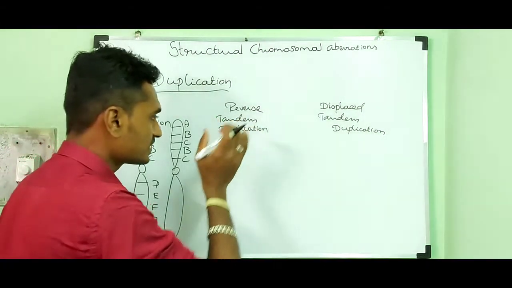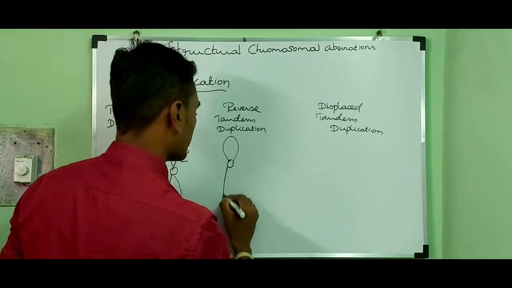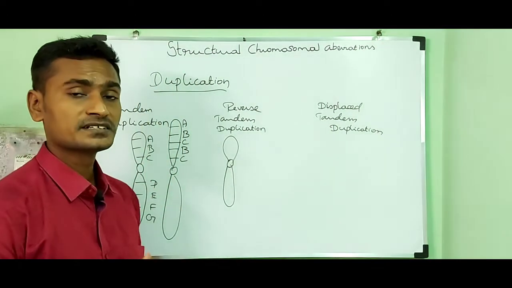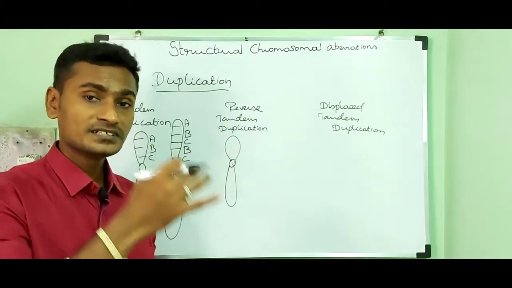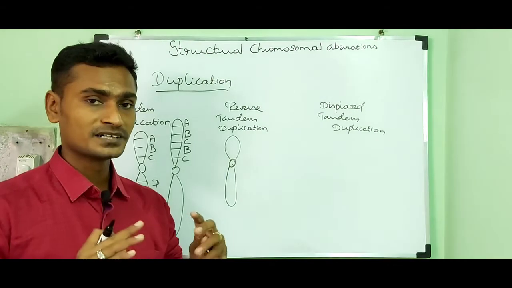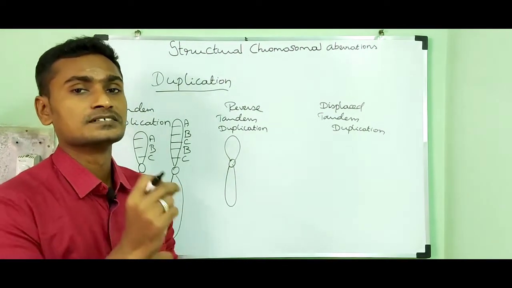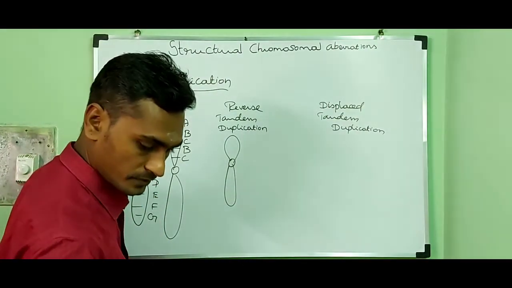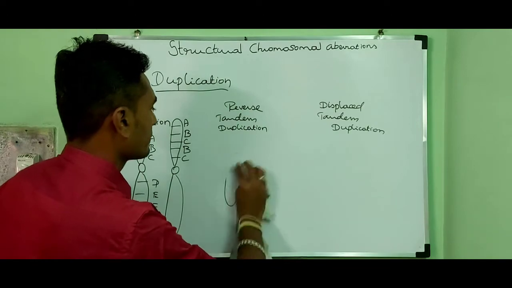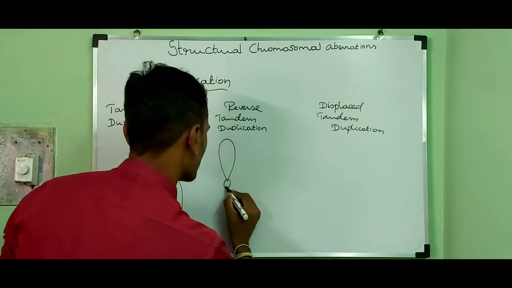Then the reverse tandem duplication means the duplicated segment is located immediately after the normal segment, but the difference is the genes are arranged in a reversed manner. So this is a normal chromosome.